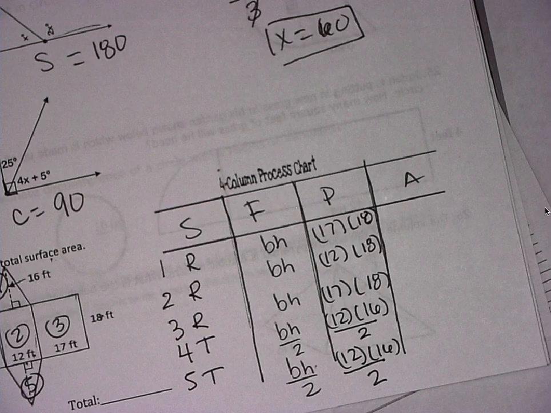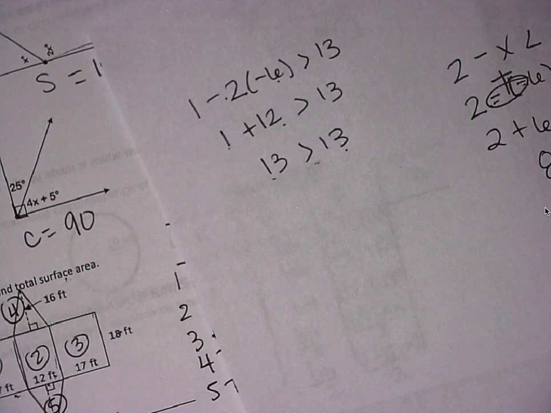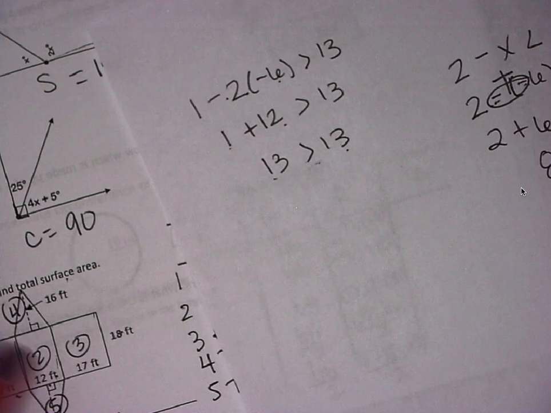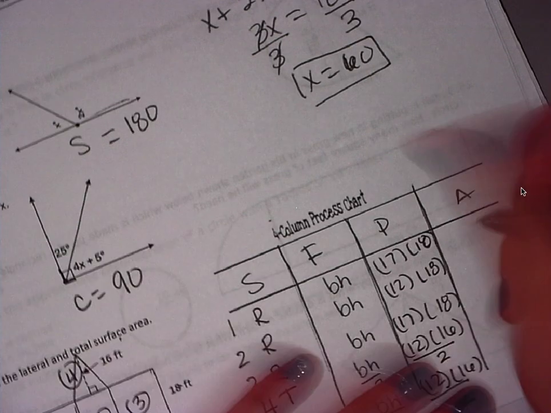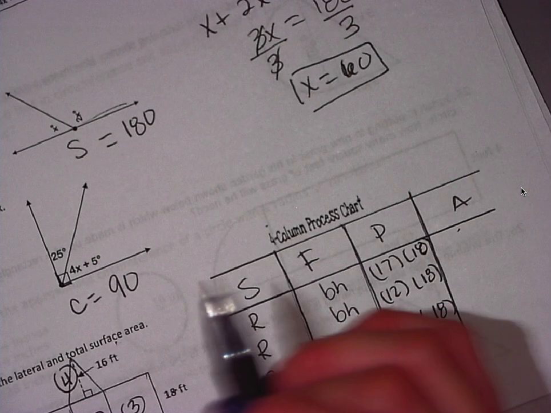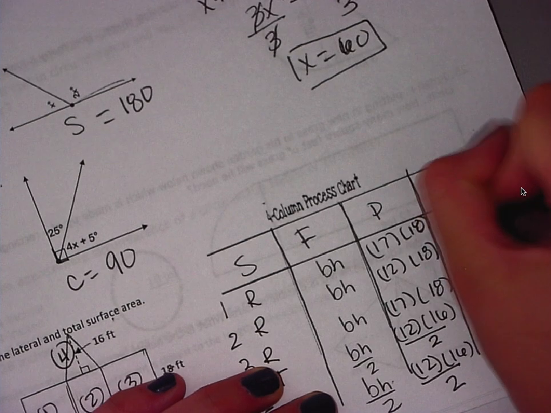So I'm going to do 12 times 18 on a separate sheet of paper. Okay, so I have 12 times, give me 1 second, 12 times 17 is, sorry, not 12 times 17, 17 times 18 is 306.